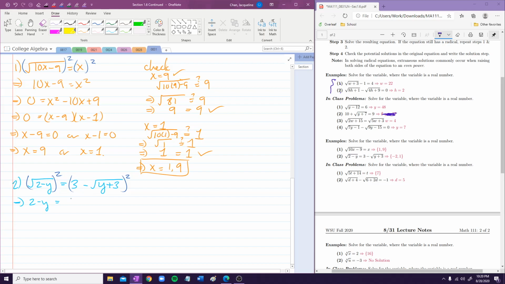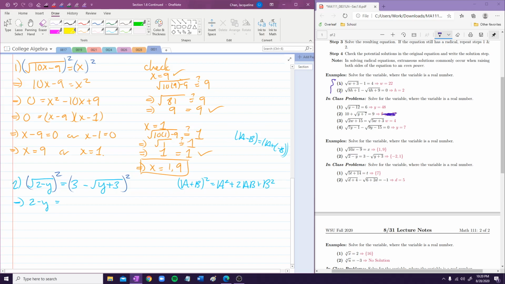So remember, a minus b quantity squared is equal to a squared plus 2ab plus b squared, where a minus b is the same as a plus negative b.